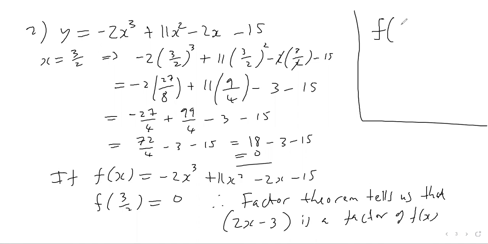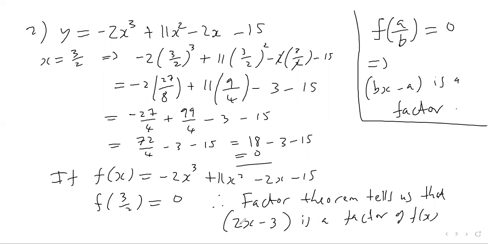If f of a over b equals 0, that means that bx minus a is a factor. So that's from our factor theorem. So we know, therefore, that 2x minus 3 is a factor.